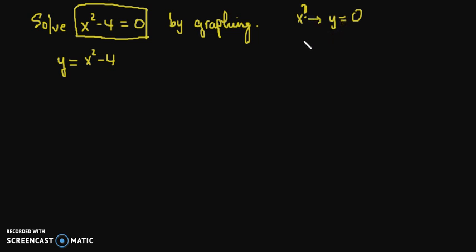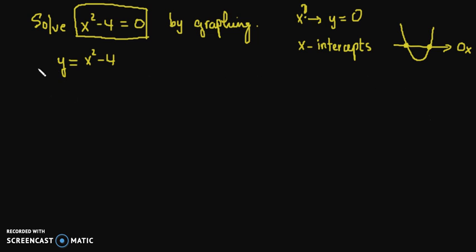In the graphing language, it means that we actually find the x-intercept of the graph toward the x-axis. So here are the two x-intercepts.